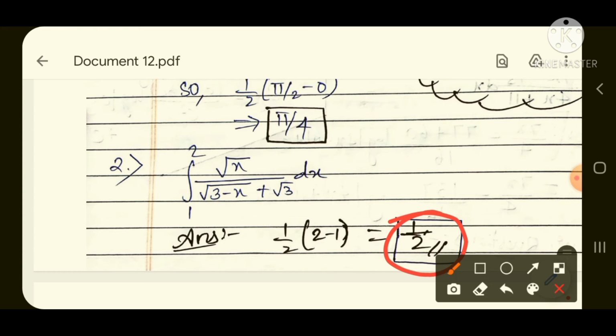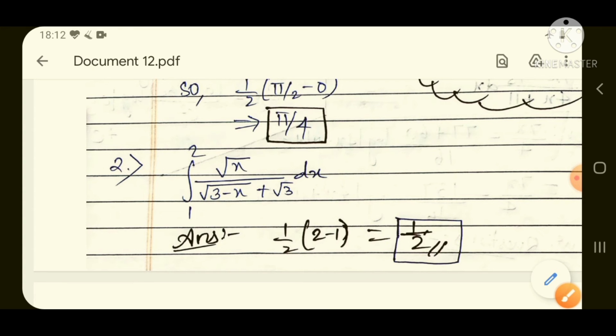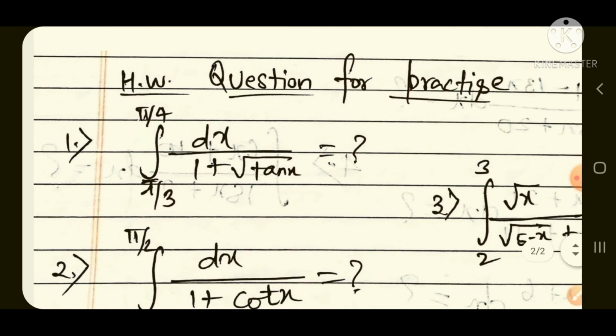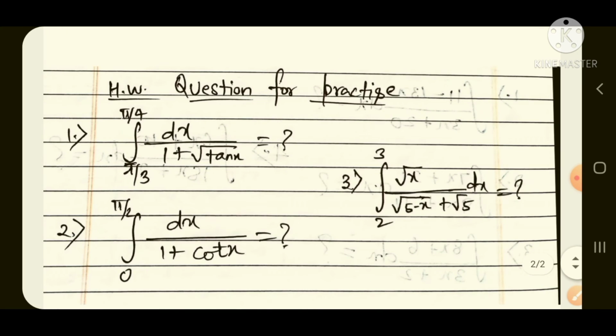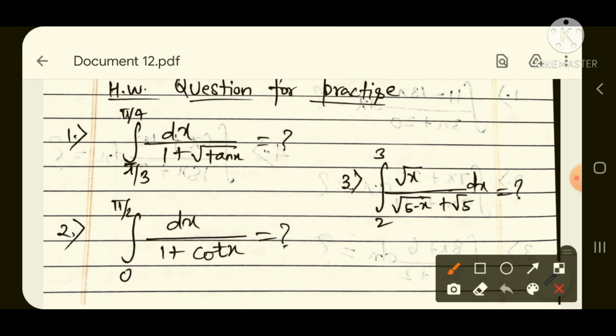So friends, I think you would have got this trick in your mind, and if you get this kind of question anywhere, you will be able to solve it in just 1 second. For your better practice, I have 3 questions. You can just find out the answer and comment it below. The top answers will be pinned in the comment section.